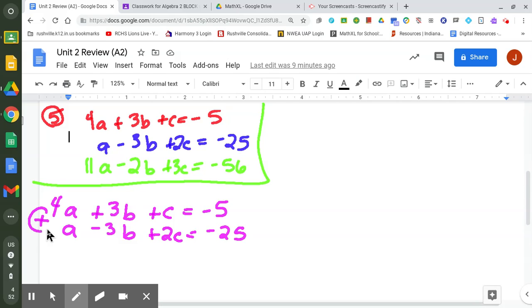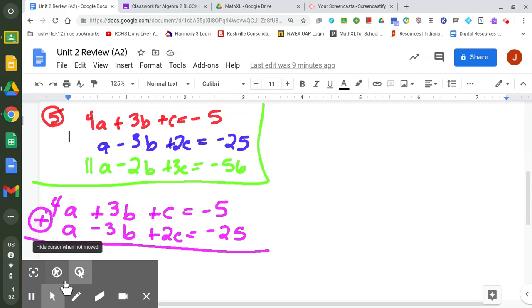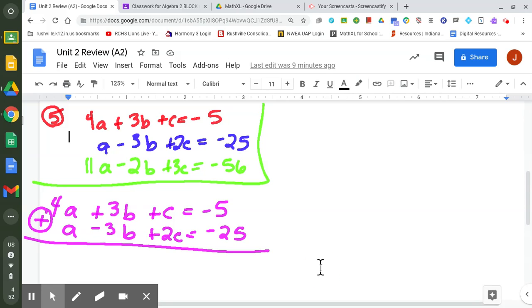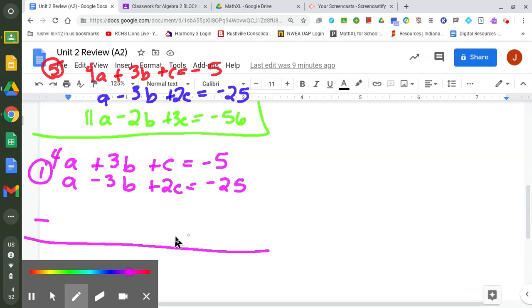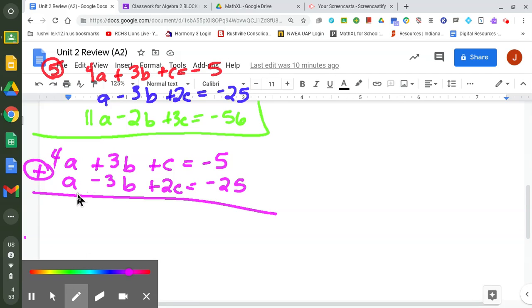So I'm going to add those two equations together. Okay, so I'm going to add these together.